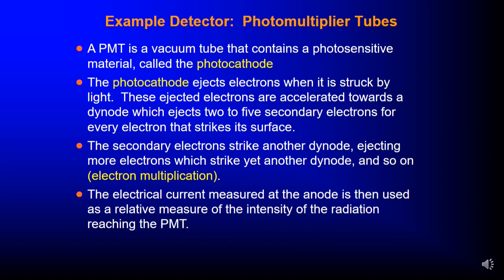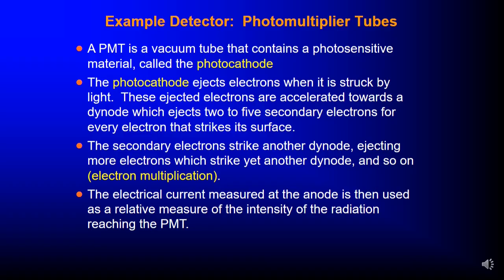Then photomultiplier tubes, maybe you worked with them. It's a vacuum tube that contains a photosensitive material called the photocathode. The photocathode ejects electrons when it is struck by light. These ejected electrons are accelerated towards a dynode, which ejects 2 to 5 secondary electrons for every electron that strikes its surface.